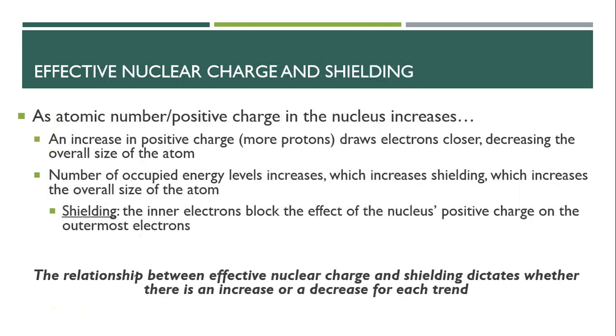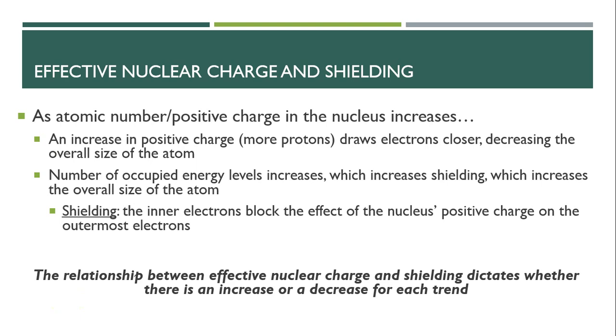Well, one of them is called effective nuclear charge. If you look at an atom, you have the ability to recognize that the nucleus of the atom is positively charged. When the nucleus of the atom is positively charged, it is going to have an attraction for the electrons that are surrounding it. So all those electrons are attracted to the nucleus.